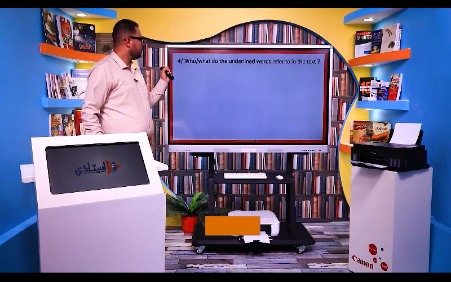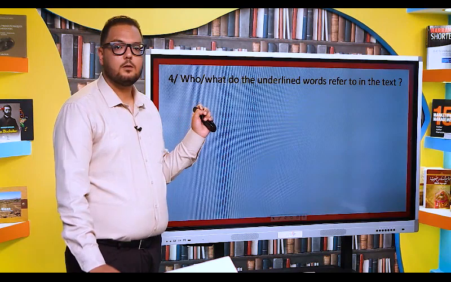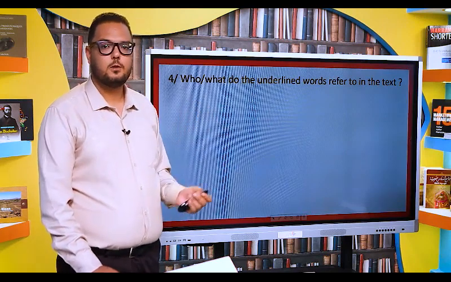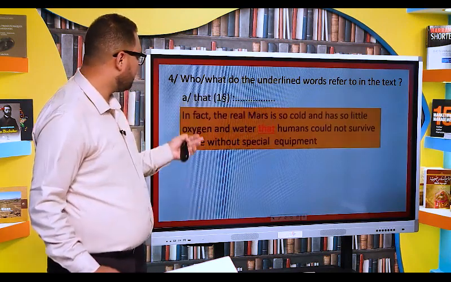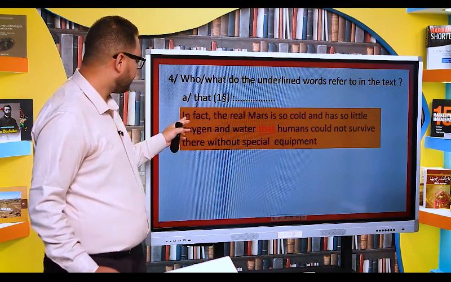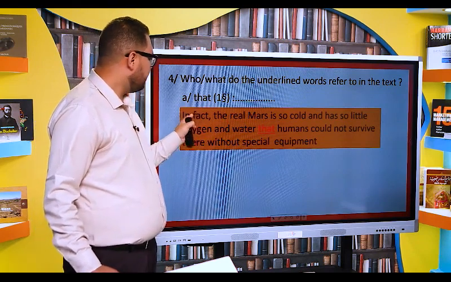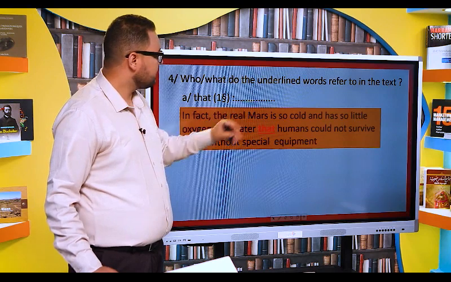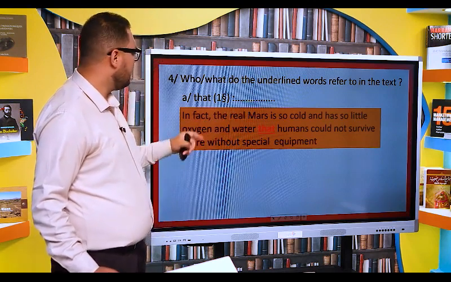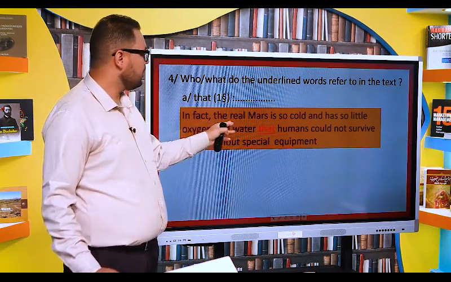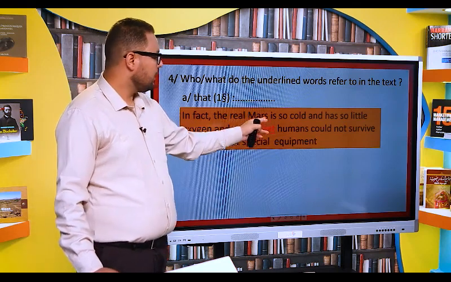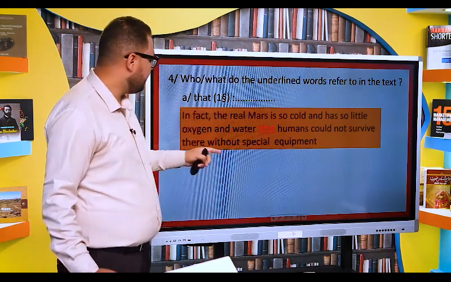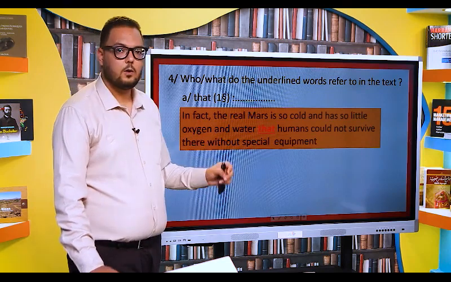Now, question number 4. Who or what do the underlined words refer to in the text? We have 4 words. A, that. In the text we have, in fact, the real Mars is so cold and has so little oxygen and water that humans could not survive there without special equipment.